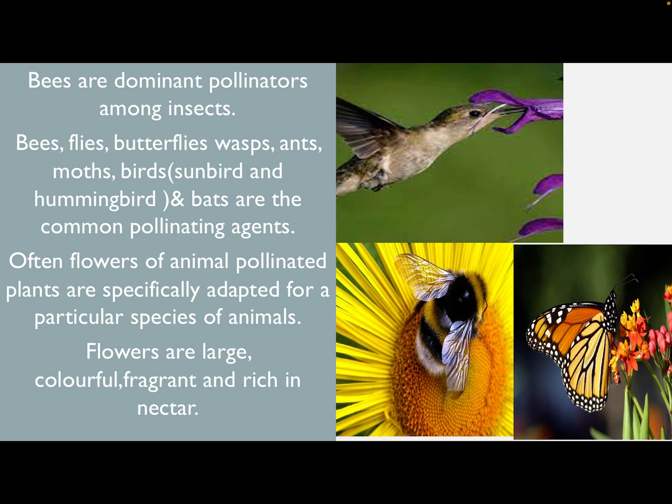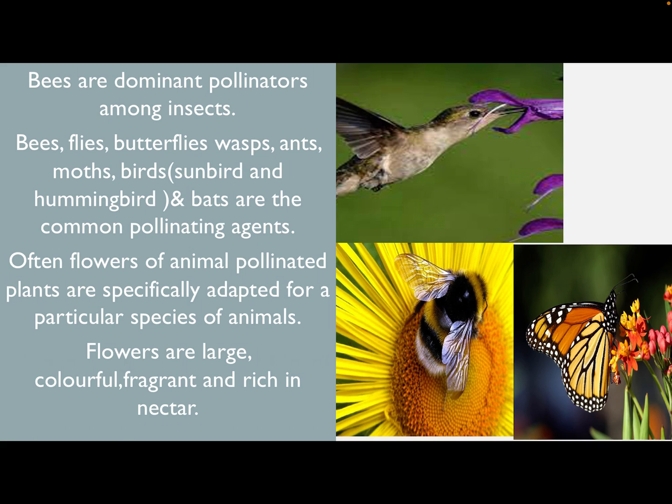You can see in bee pollinated flowers, the flowers are saucer shaped or open plate like shaped. Bees cannot pollinate the bell shaped flower. So flowers are adapted for specific birds or bees or insects.